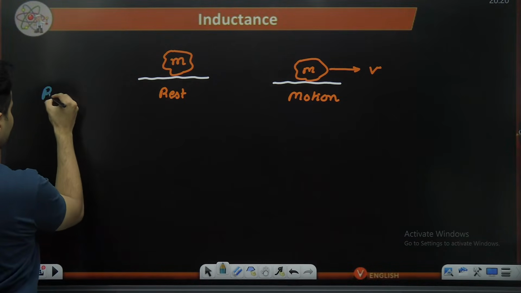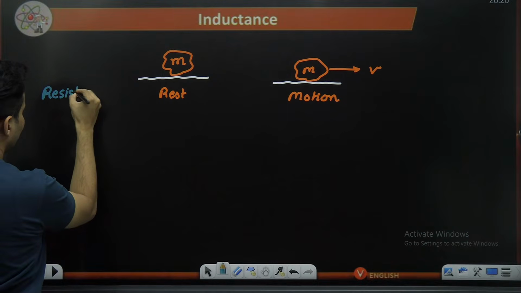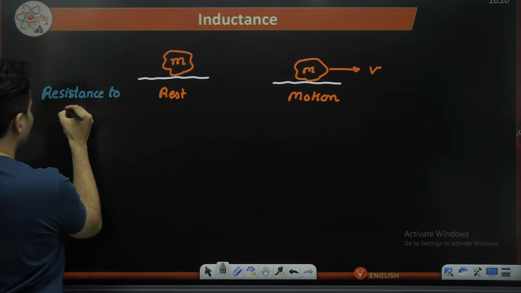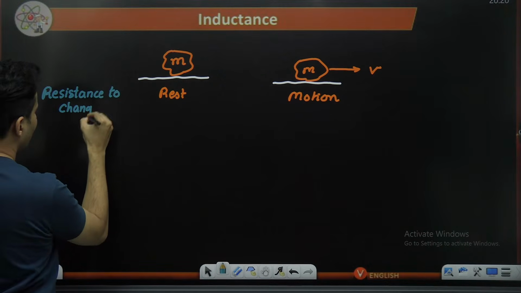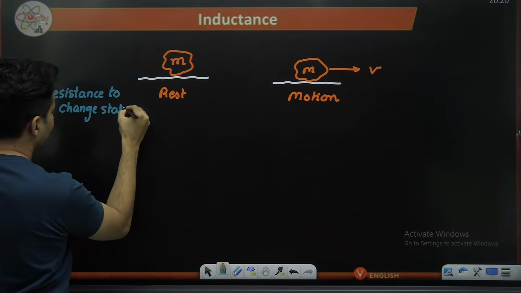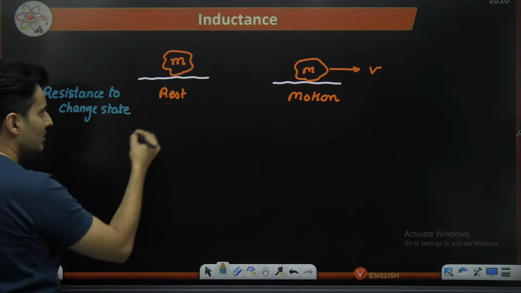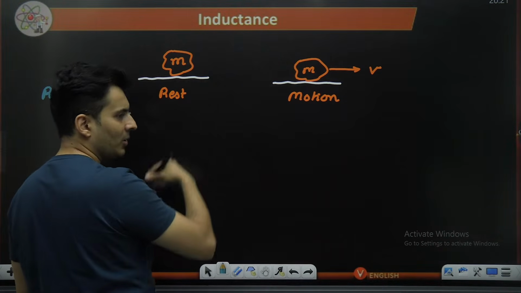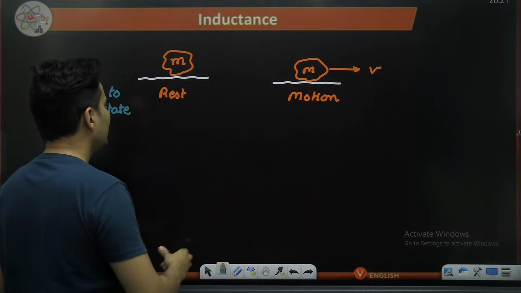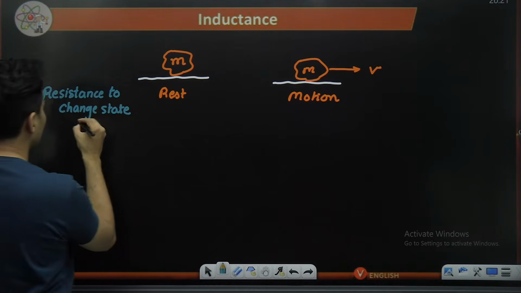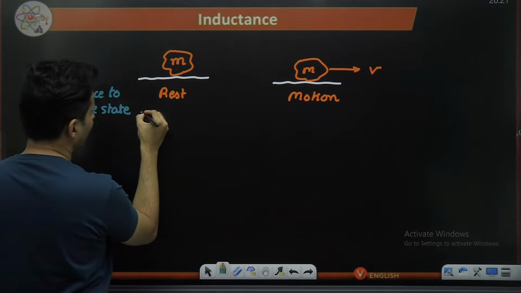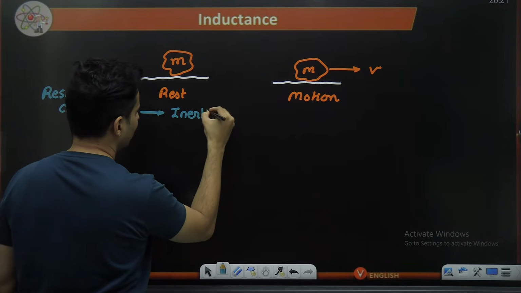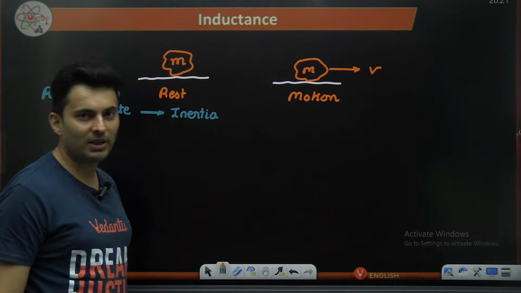That resistance to change the state, from rest to motion, or from motion to rest, or from changing the direction, this particular resistance to change the state is called inertia, if you remember from 11th standard.